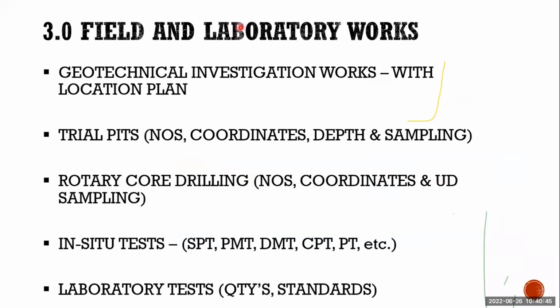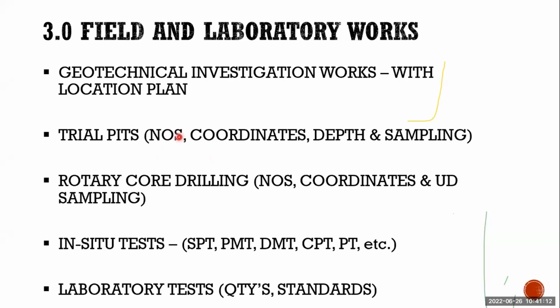Chapter 3 consists of field and laboratory works. In this chapter, we define the investigation works we carried out on site, like trial pits, core holes, in-situ tests, and lab tests. For the excavation of trial pits, we need to mention which type of equipment we used, and how many.